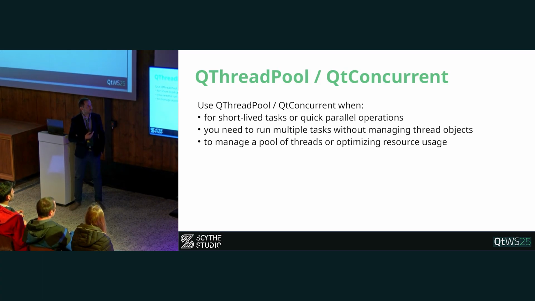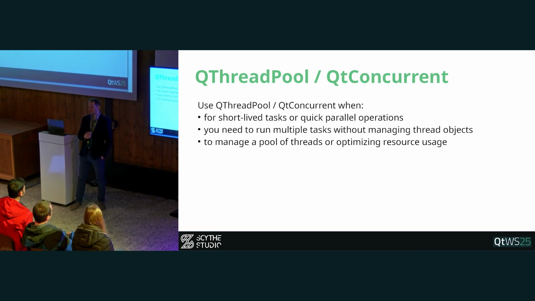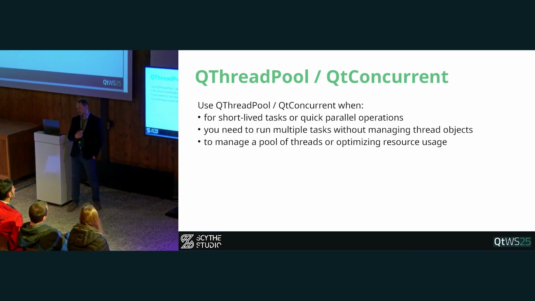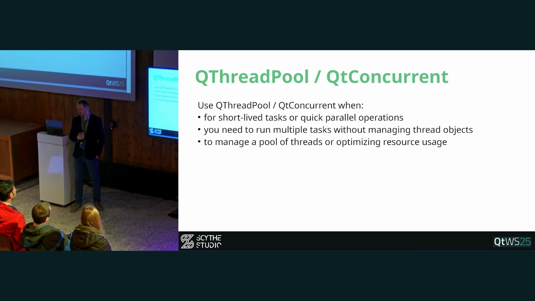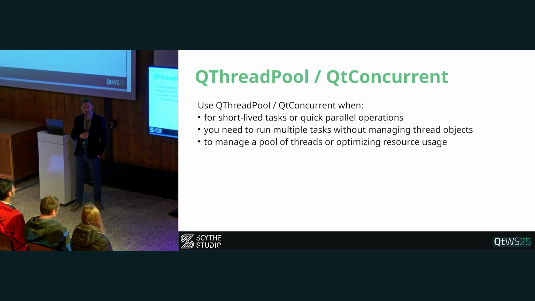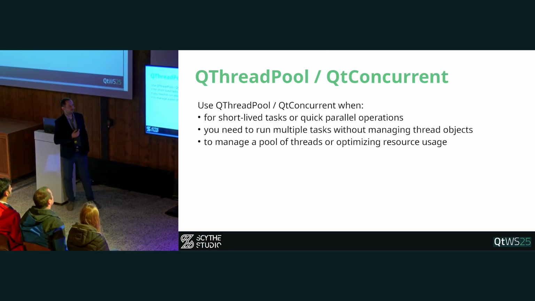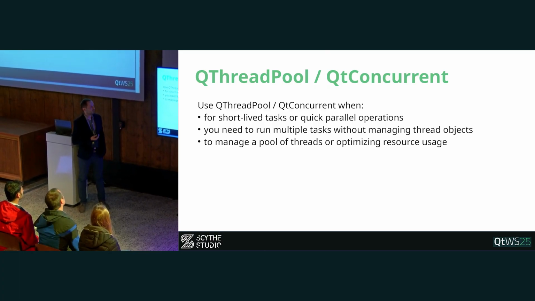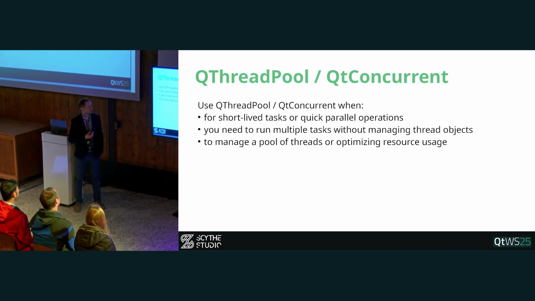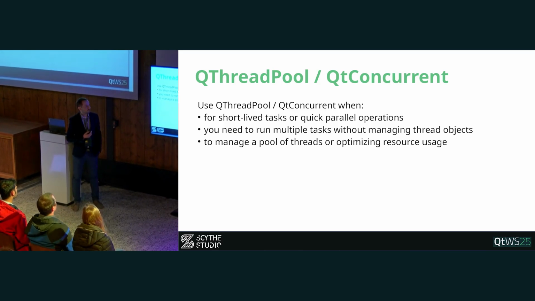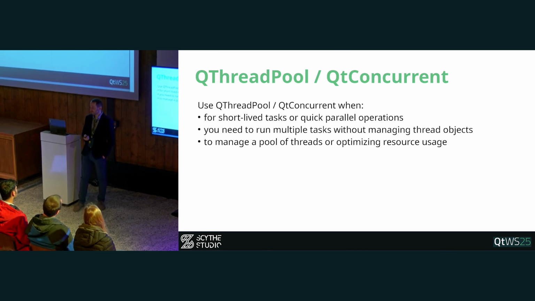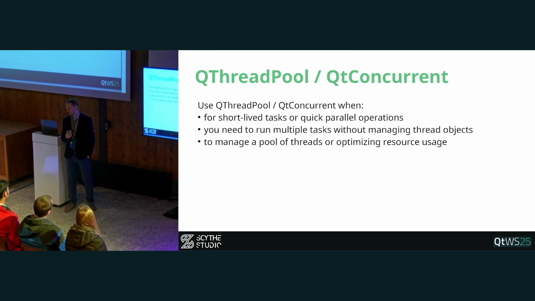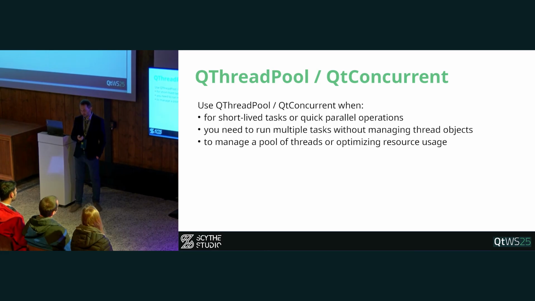Under the hood, QtConcurrent uses QThreadPool. So I think the guideline for when to use QtConcurrent or QThreadPool is very similar actually. I think this is ideal when you have a lot of short-lived tasks, or you want to run something quickly on a background thread, and you don't want to manage those threads directly.